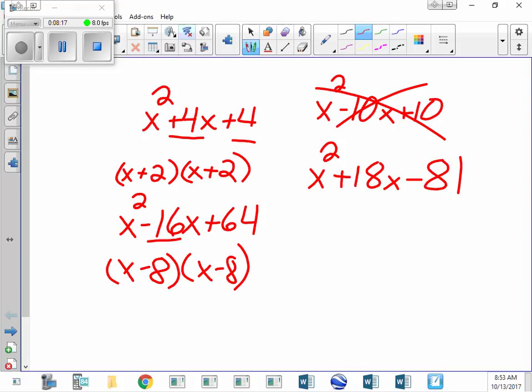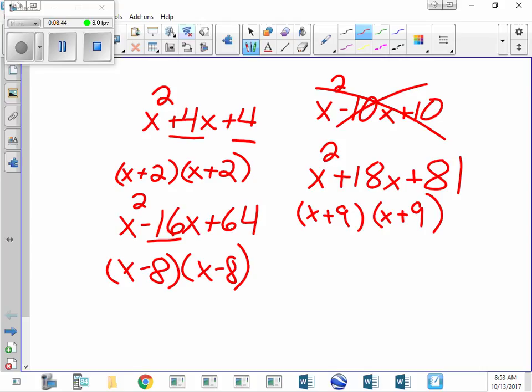Does that one work? Ooh, almost, right? We take the 18 and we cut it in half and we get 9. Is 9 times 9 negative 81? No, it's positive 81. So in this case, it doesn't work, but if this were a plus, what would the factors be? X plus 9 and x plus 9.